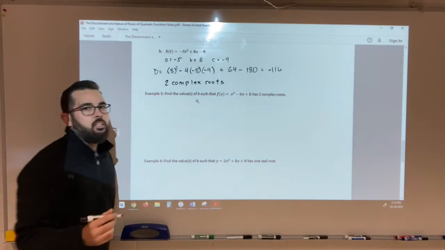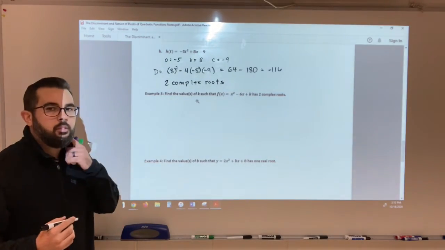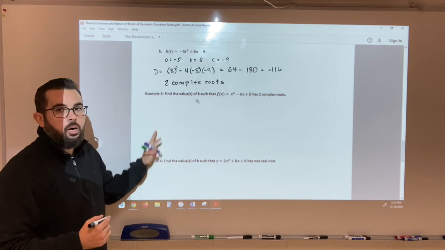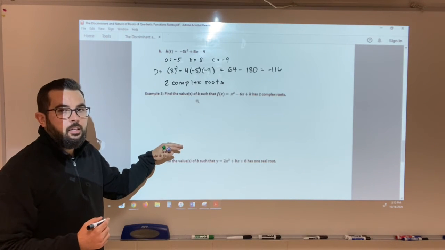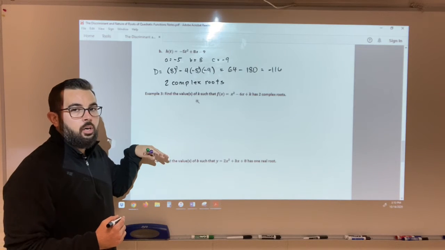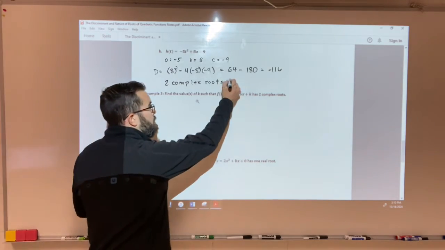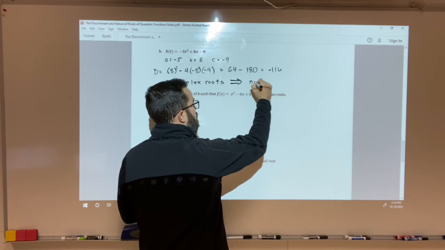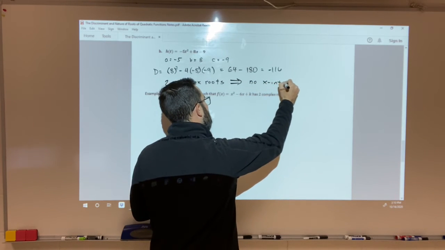So what does that tell us about the number of x-intercepts? Well, again, I mentioned that complex numbers don't belong in the xy axis. That is only for real numbers. So what this tells us is that 2 complex roots means no x-intercepts.